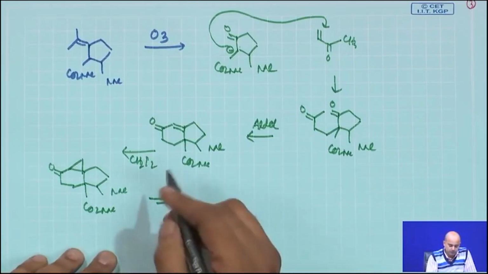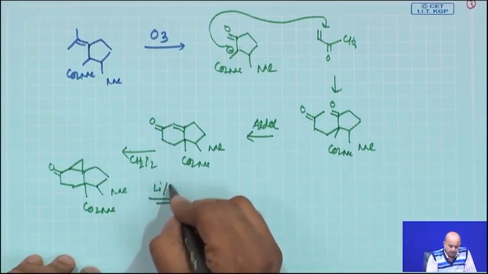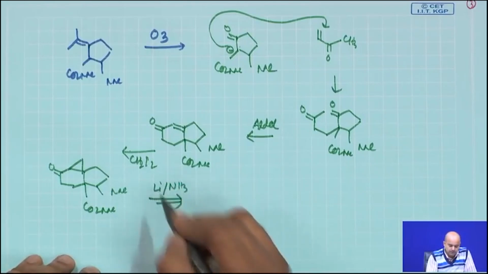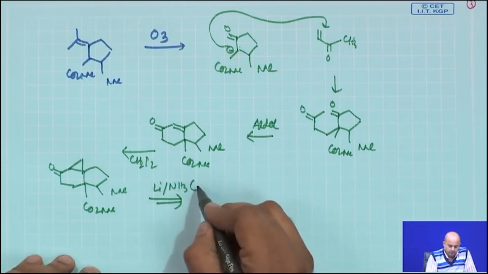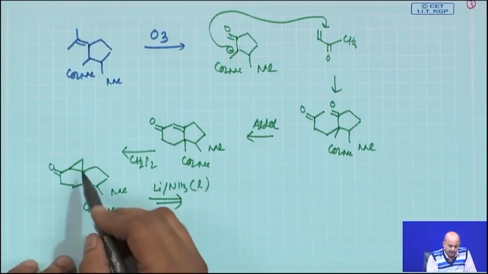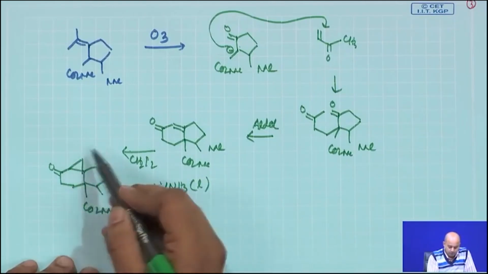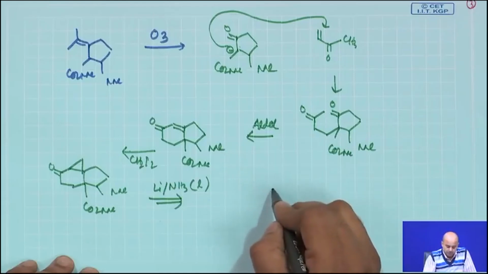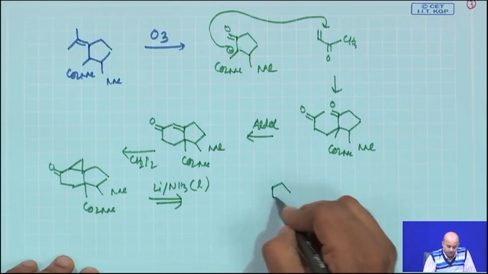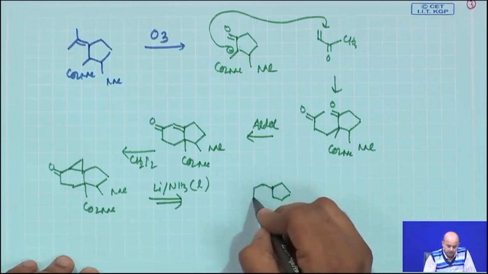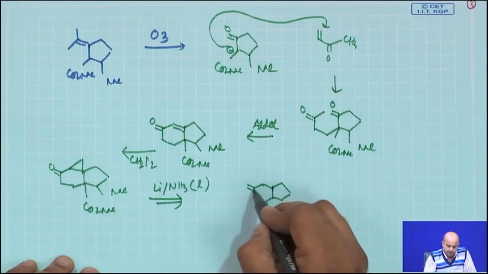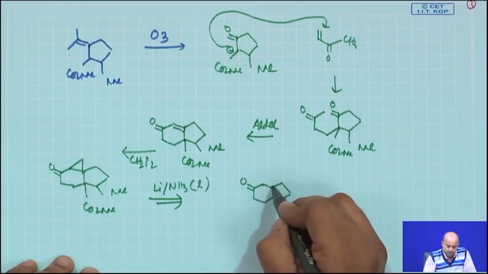Now, what to do? You just do a Birch type of reduction, lithium in liquid ammonia or sodium in liquid ammonia, and then you ensure that this single electron cleaves this bond, which I explained earlier, to yield the compound which is now the desired molecule you are looking for.